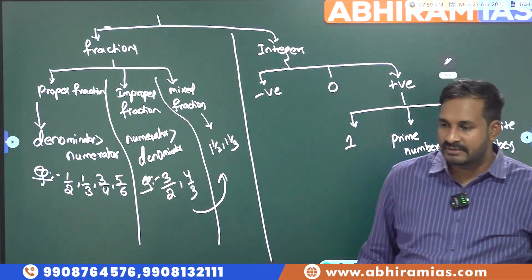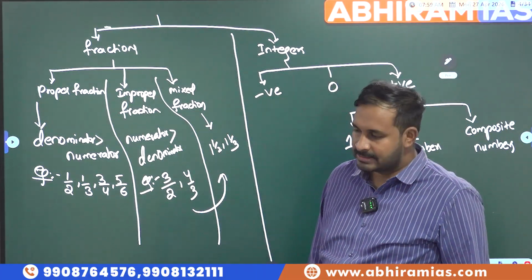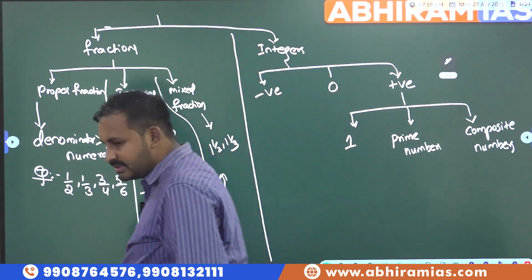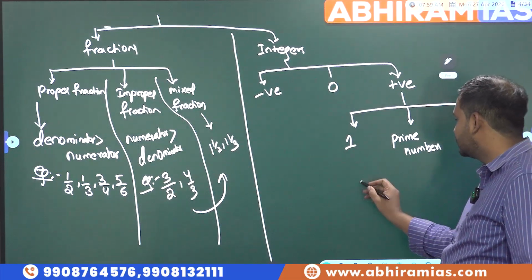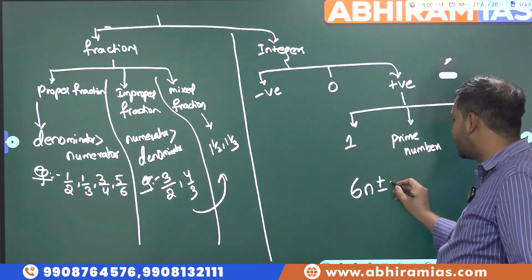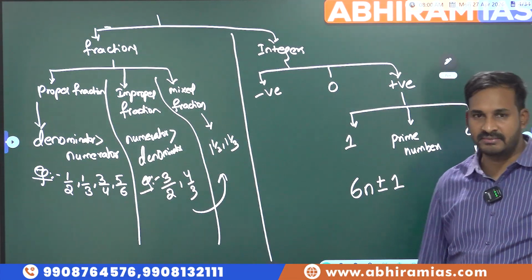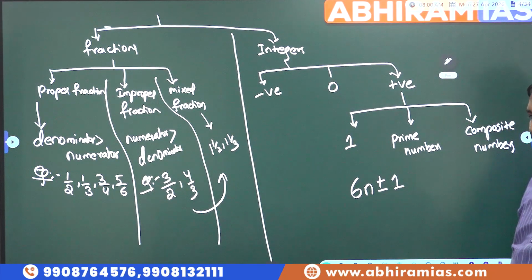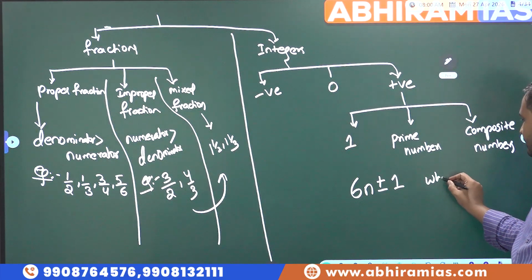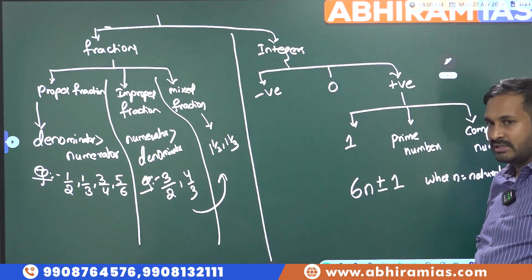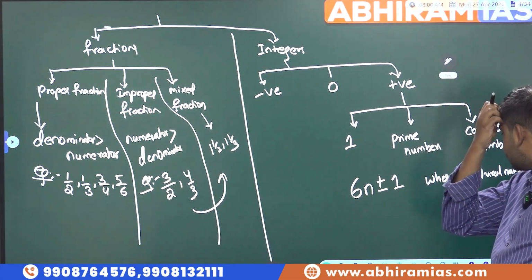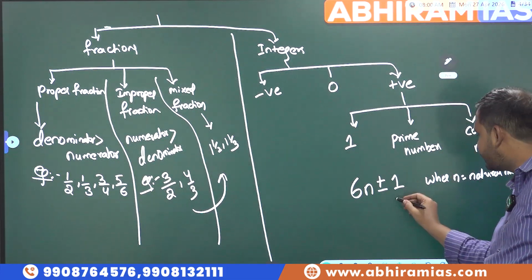Next, all the prime numbers can be written as 6n plus or minus 1, where n is a natural number, except 2 and 3.